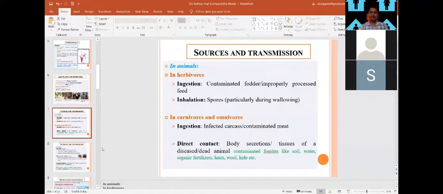Carnivores and omnivores are highly resistant, but in some carnivores cases may occur due to ingestion of infected carcass or contaminated meat, direct contact with body secretions or tissues of diseased or dead animals, or contaminated fomites like soil, water, organic fertilizer, hair, wool.